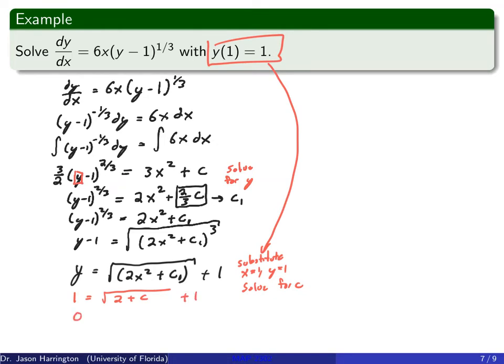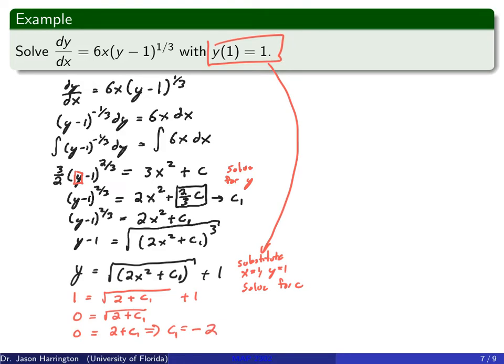Then I get 0 is equal to the square root of 2 plus c. I square both sides, and then I just get 0 is equal to 2 plus c. So that means that c, or sorry, c sub 1, I should say, to be consistent with my notation, C sub 1 should really be equal to negative 2.